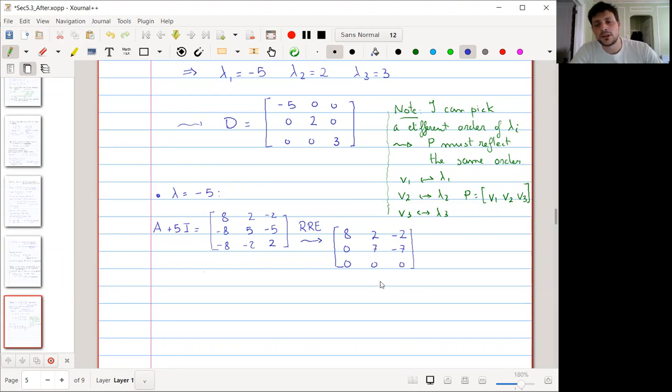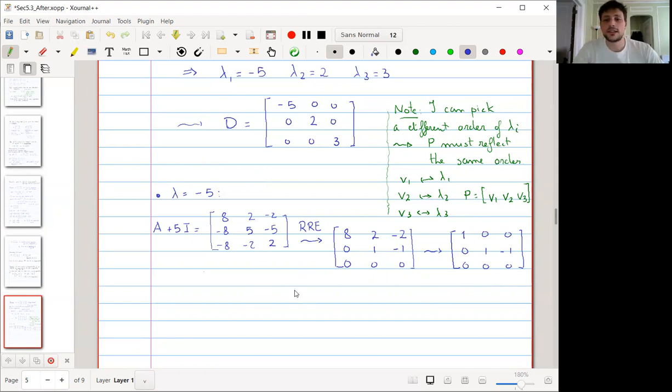This is not quite yet the reduced row echelon form, I can divide the second row by 7, so I get 1, minus 1, and then I subtract that from the first row. So this becomes 0, 1, minus 1. The first row, when I subtract twice the second, is 8, 0, 0, 0, 0, 1, 0. But then I can divide this by 8 and get a 1. That's my reduced row echelon form.